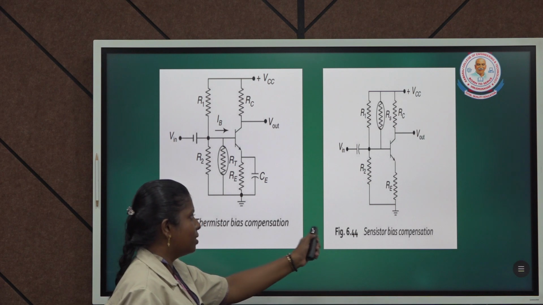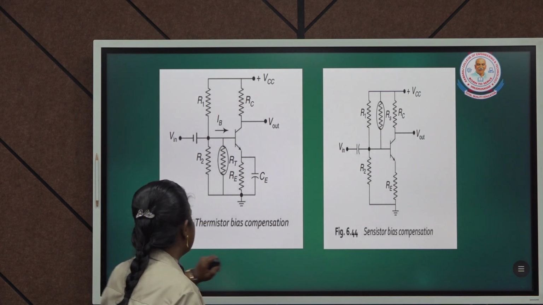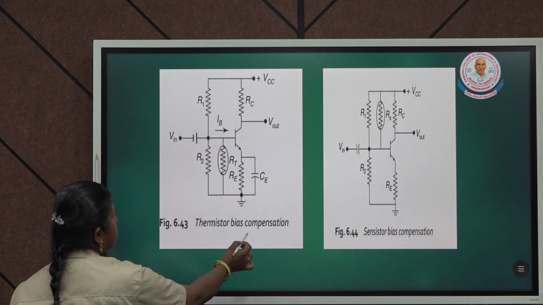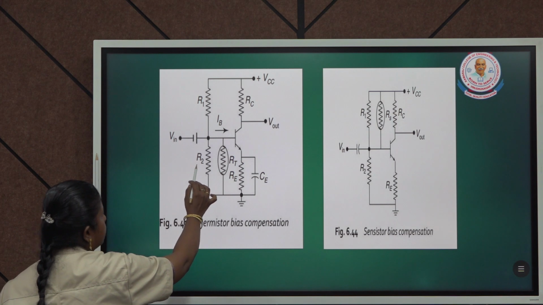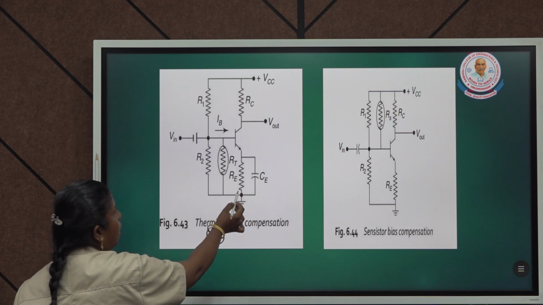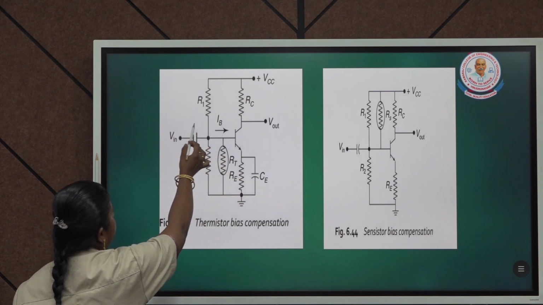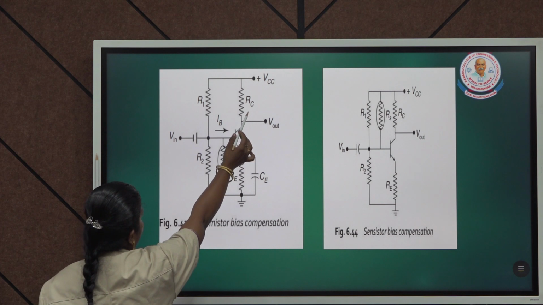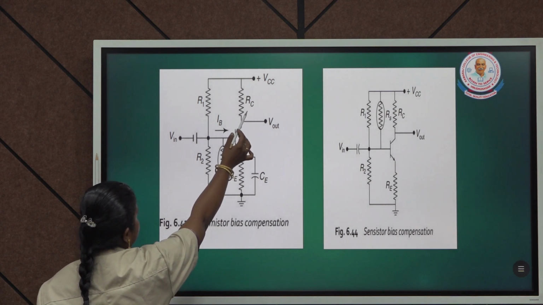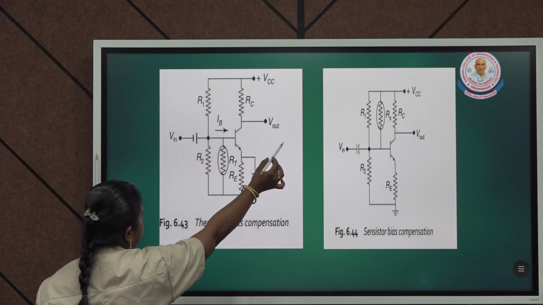The thermal resistor RT has been inserted between the resistor R2 and RE, which is connected to the emitter. Here we have the components R1, the collector resistance RC, VCC, voltage in and voltage out.